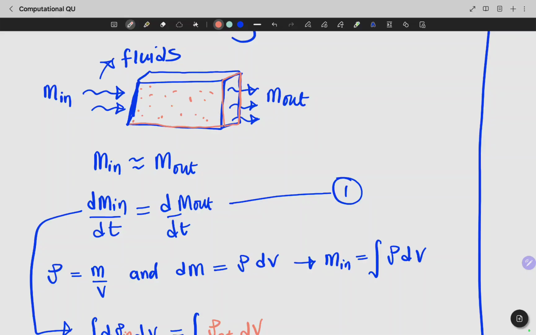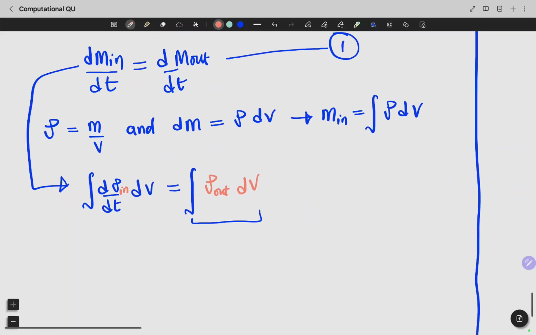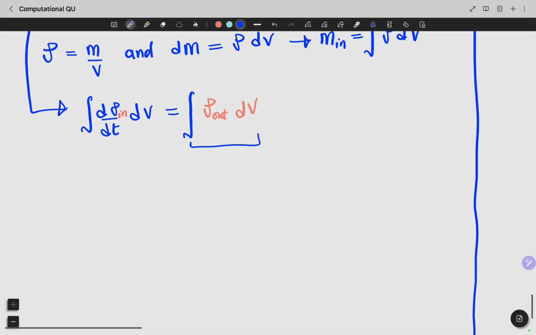But how many areas have we? We also have this area, and I wish I could draw properly, and that area, an area of all faces. So in this case, you can rewrite the right hand side.